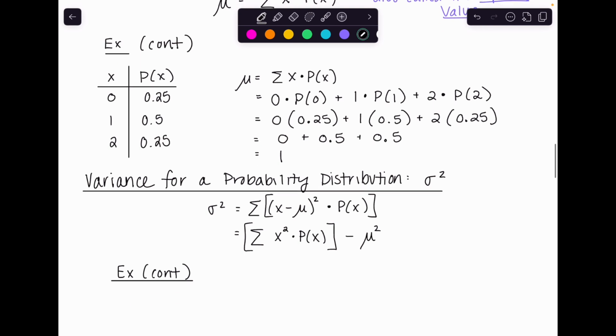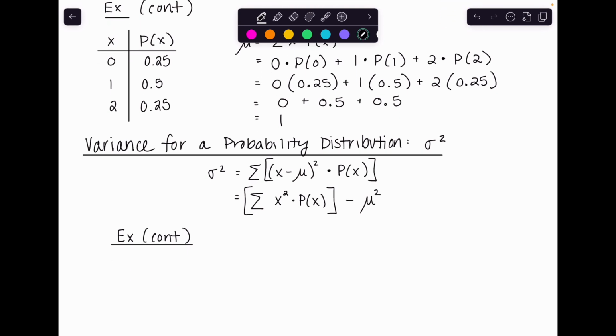So to show you with this example how to actually apply this formula, we're going to sum up the values of x squared times their probabilities. And then once I do that, I'm going to subtract the mean we just found squared.